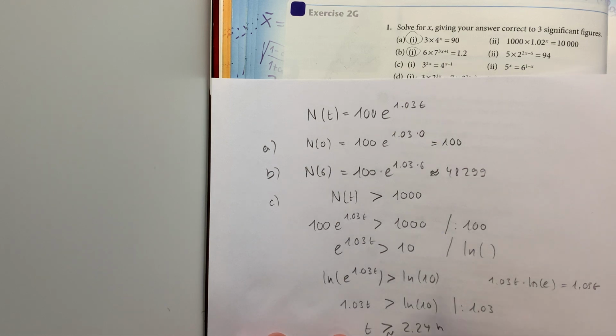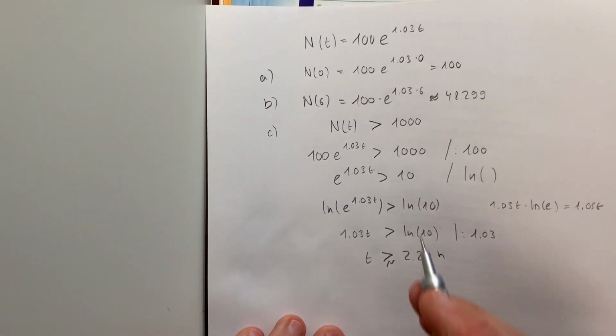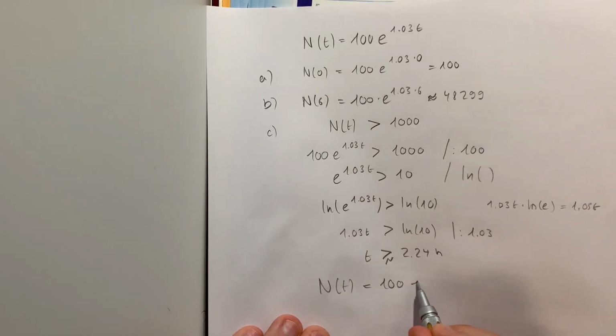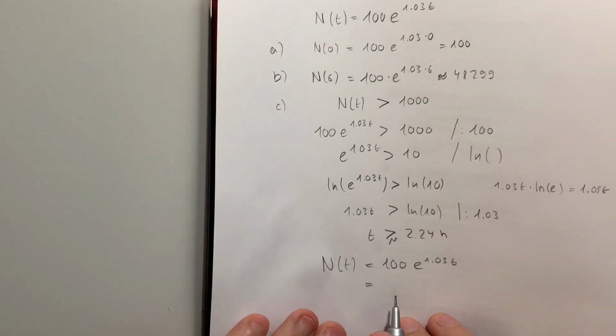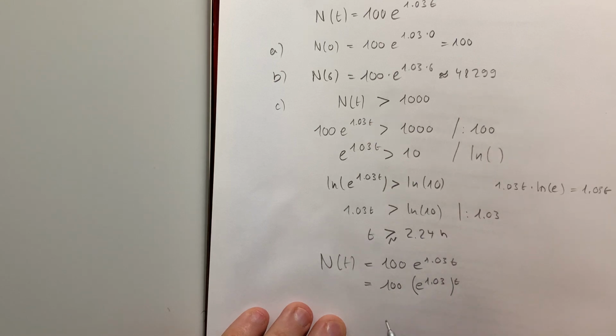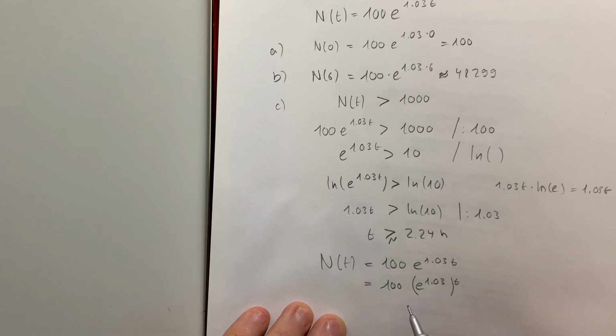So 2.24 hours. There's one remark I would like to make here, because it's quite bizarre to write it up like this, 100 e to the 1.03 t. You could write it like this: 100 times (e to the 1.03) to the t. That's just a remark. Oftentimes in science you write things like this, because for some other things that we could do with it in year 6, it's more practical.